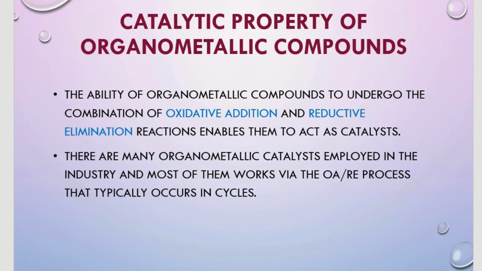Just to be prepared, make sure that you know how to calculate the EAN rule of the compound, and also how to determine the oxidation number of the compound, to make understanding easier.